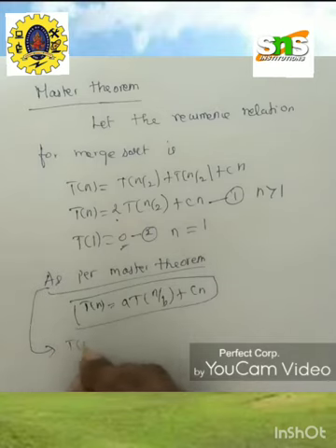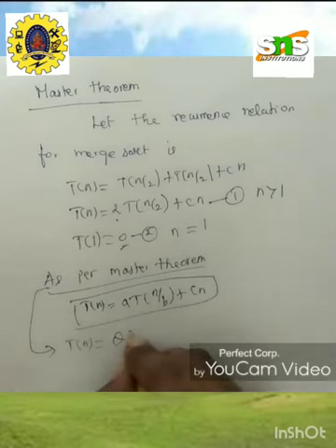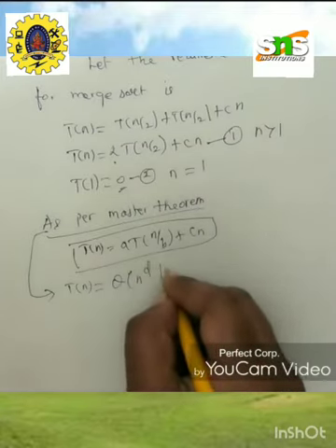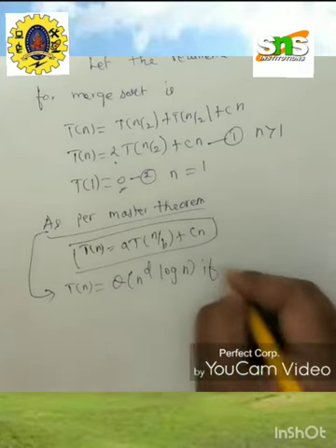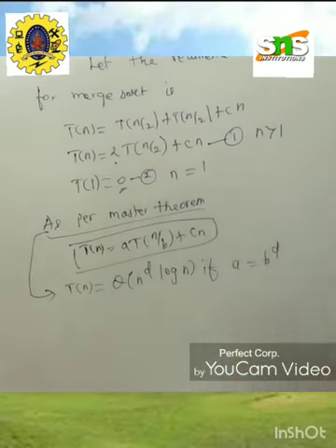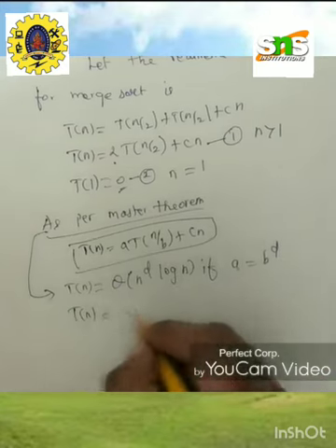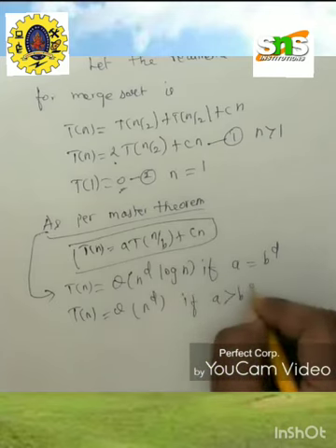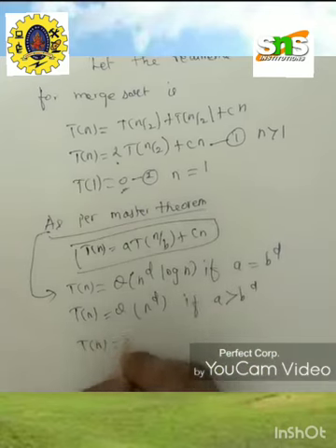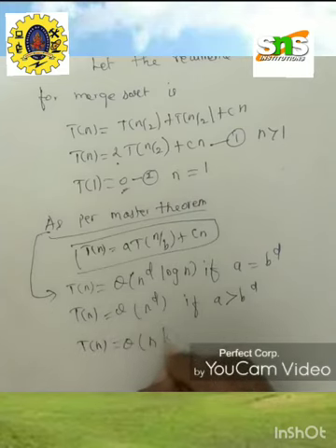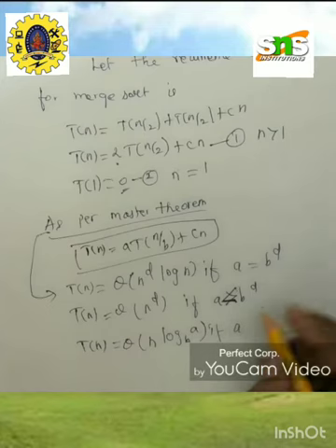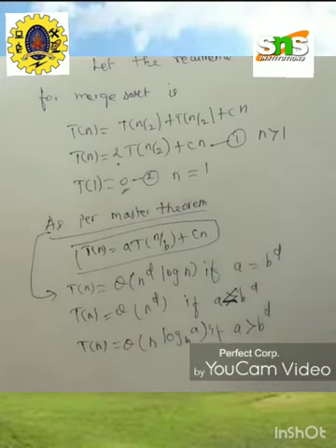First one is T of n equal to theta of n power d log n, for a equal to b power d. Second one is theta of n power d, for a less than b power d. Third one is T of n equal to theta of n power log to the base b of a, for a greater than b power d.